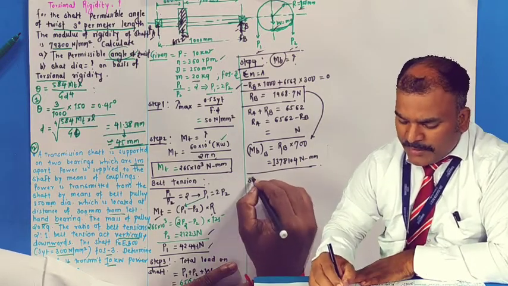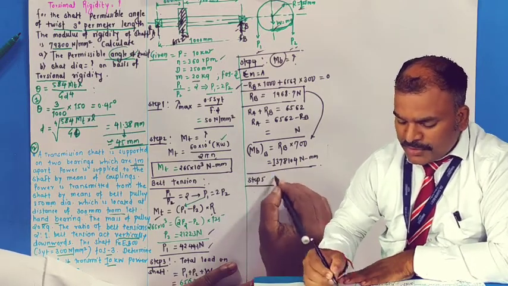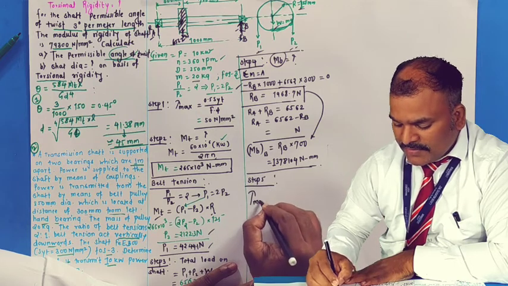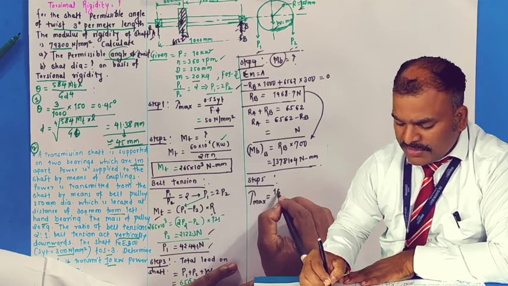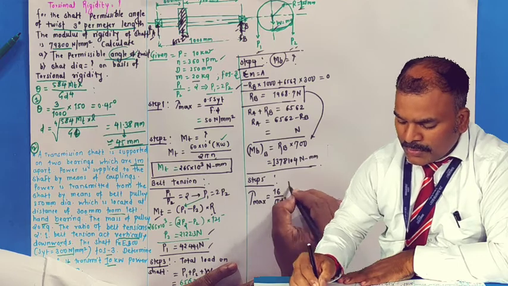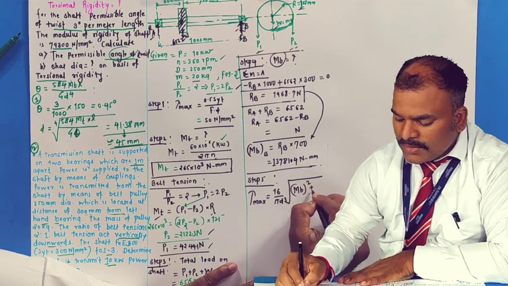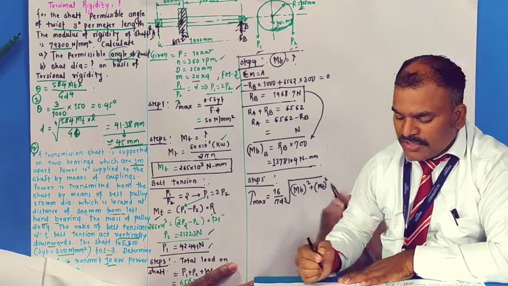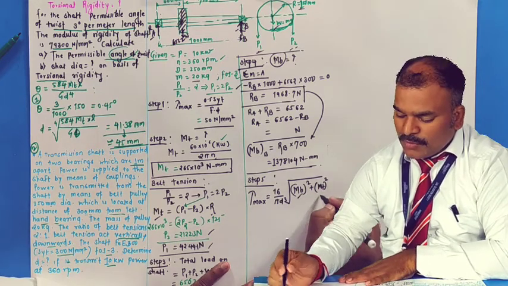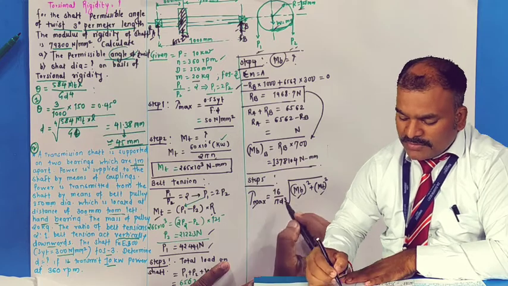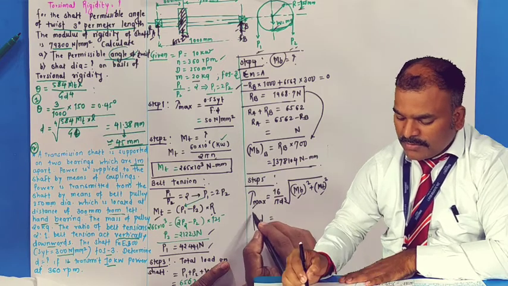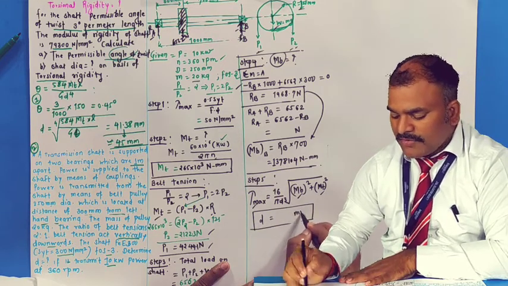Now step number 5. What it shows? It shows that tau max is equal to 16 by pi d cube, square root of bending moment squared plus torsional moment squared. Now we know this, we know this, we know this. Remaining is d, which is in mm.